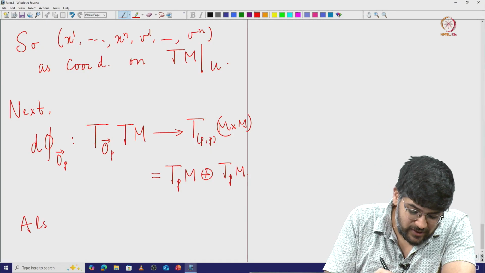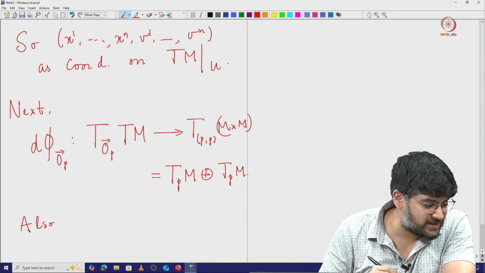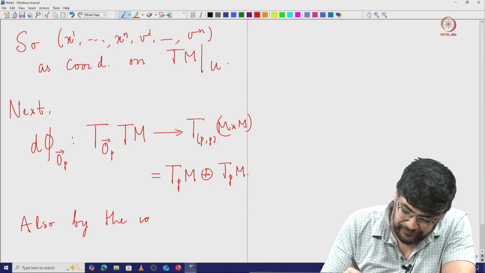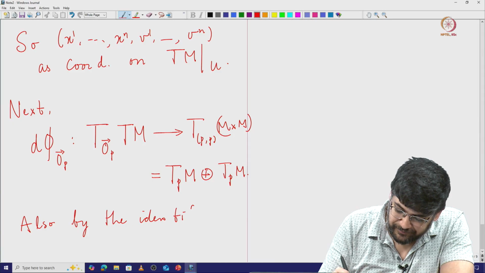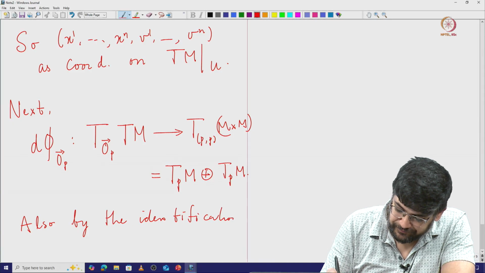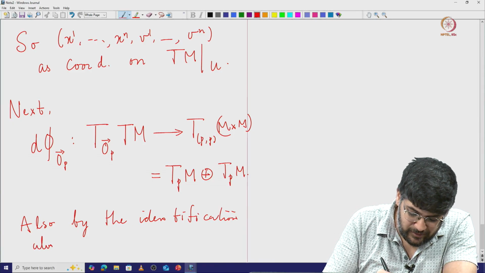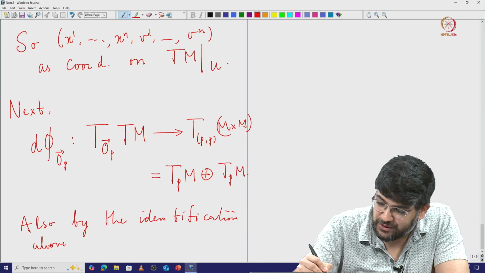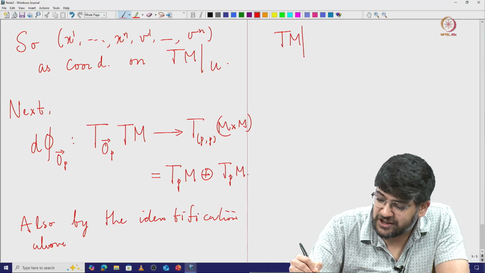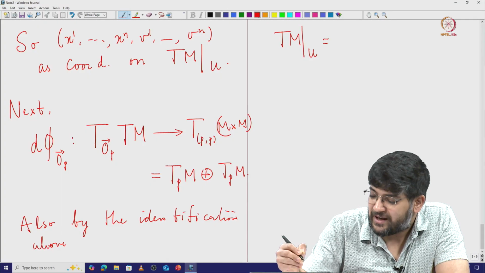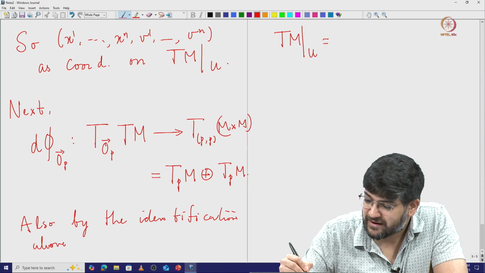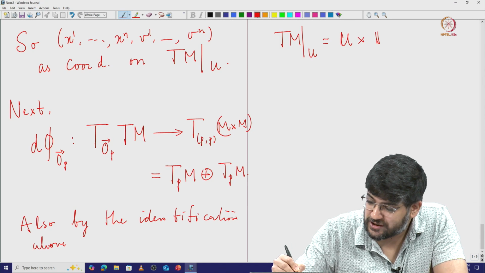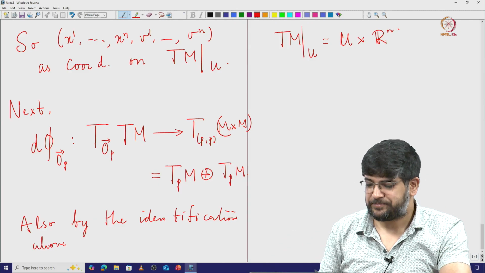also, by the identification above. So what was the identification above? You could take the tangent bundle restricted to U as basically U cross R^n.